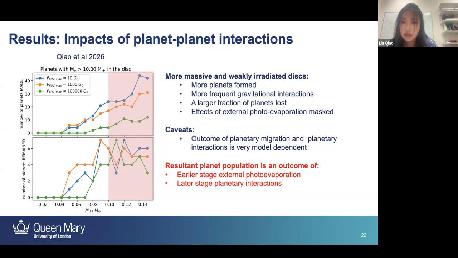It might actually make the effect of external photoevaporation more prominent in these more massive disks. It is just very model dependent. But what is clear is that the resultant planet population is an outcome of both the earlier stage disk truncation by external photoevaporation, and the later stage planetary interactions once the planets are formed and grow more massive.